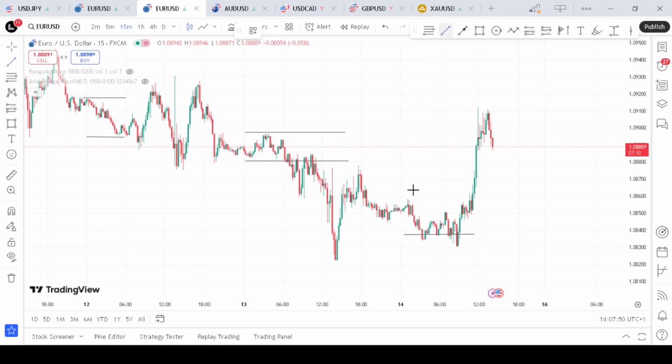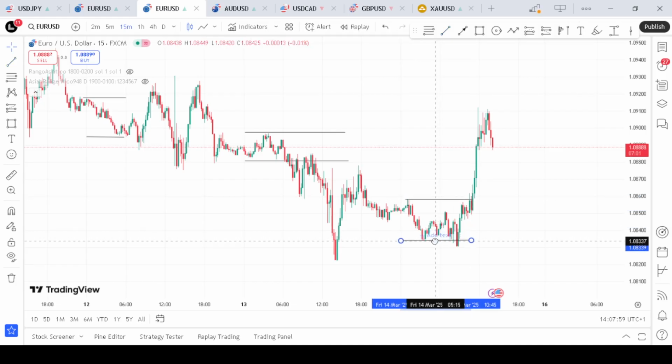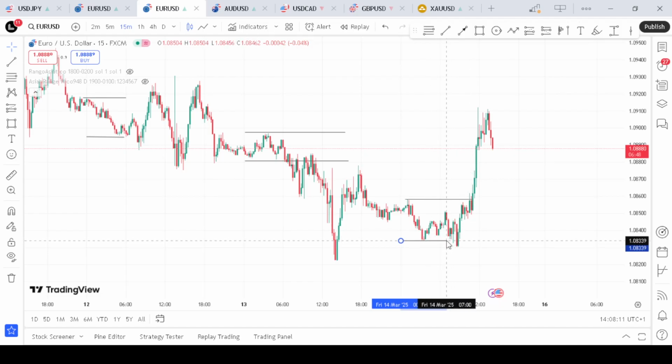I will mark out both the highest point and the lowest point that formed during the Asian session. So the lowest point should be this during my Asian session. The lowest point was around 3 a.m. and it ended around 5:45 in the morning.